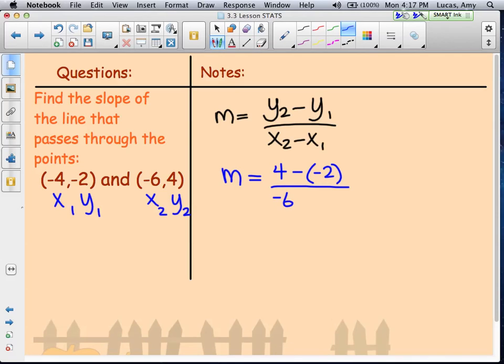X2 is negative 6 minus X1 is negative 4. Parentheses again. Now be careful when you simplify this. We've got a couple chunky pluses here. So 4 plus 2 is 6. Negative 6 plus 4 is negative 2. If I divide those, I get negative 3 for my slope.